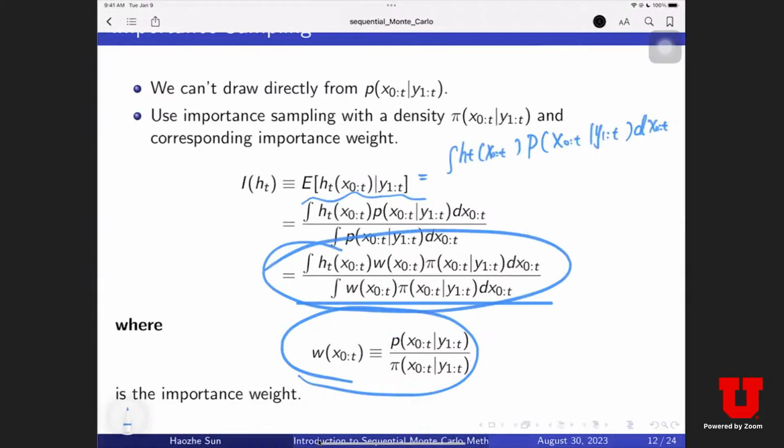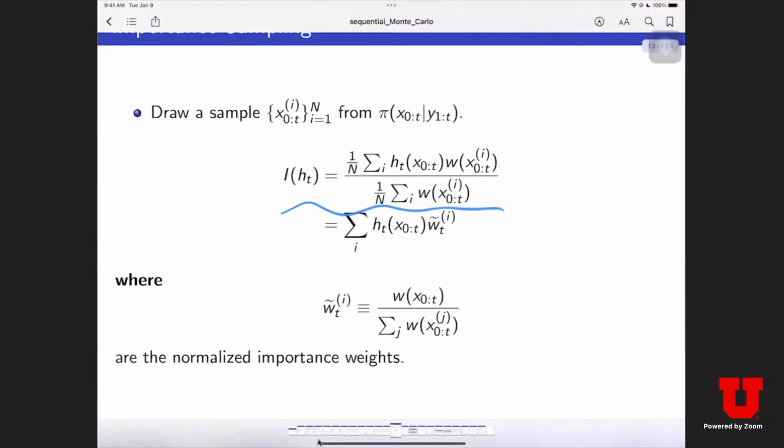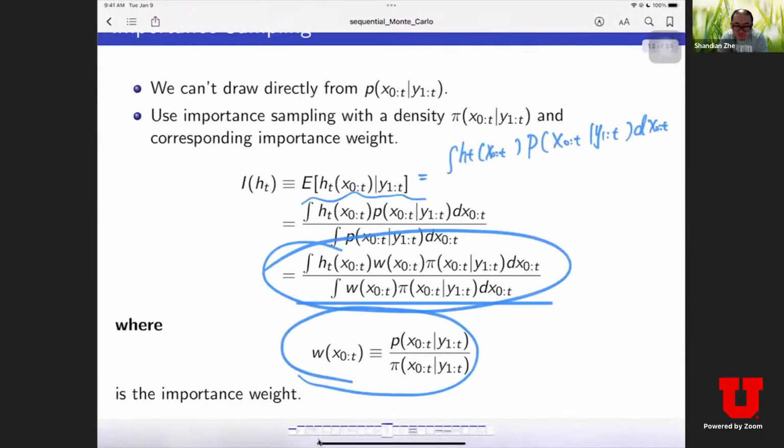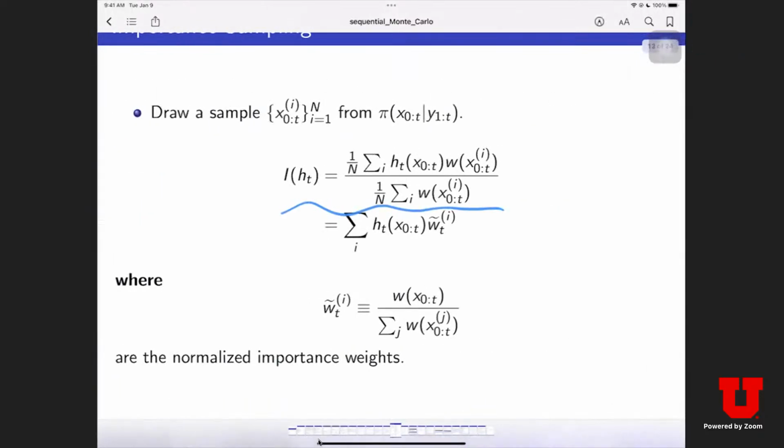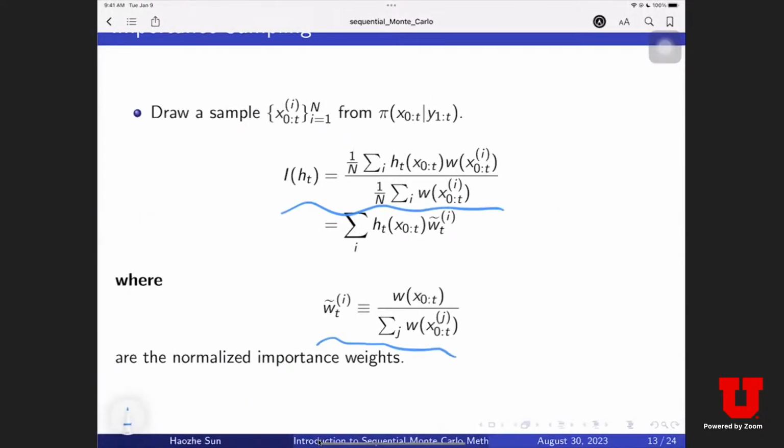And if we define W tilde_t to equal these things, we can get a simple expression, right? We call the W tilde a normalized importance weight.